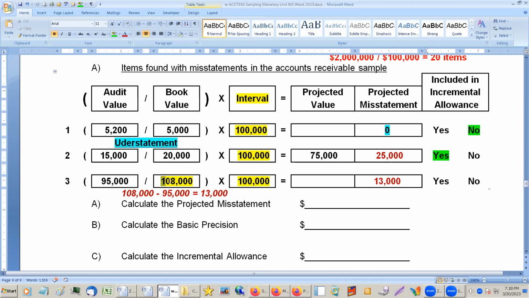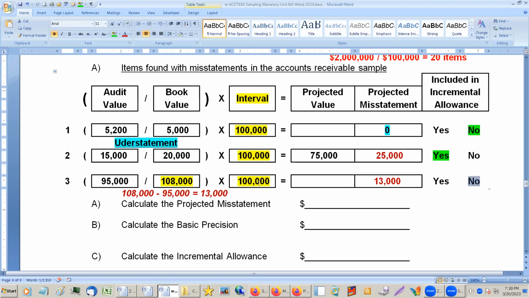Now, when it comes down to this one, they've taken 100% of everything in that interval and then some. So they've taken 100% of the entire interval. Nothing else could go wrong. Now we know it's off by 13,000. We got that in our rejected misstatement, but nothing else could go wrong in here. They've covered the entire $100,000 interval.